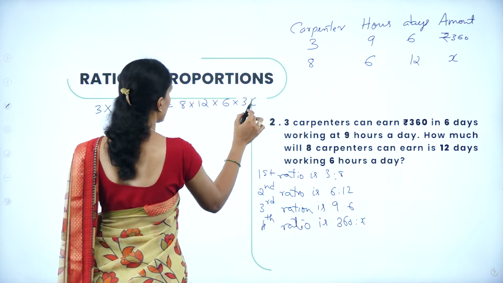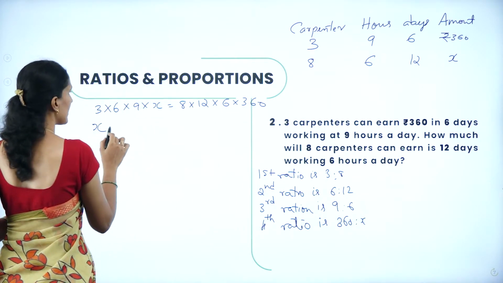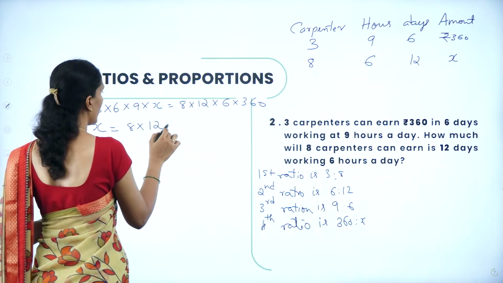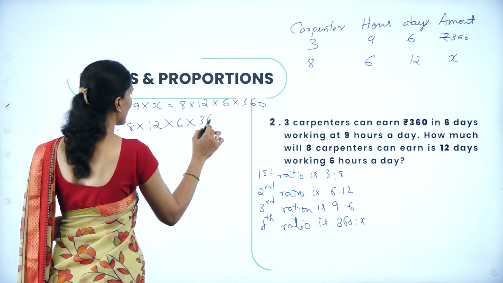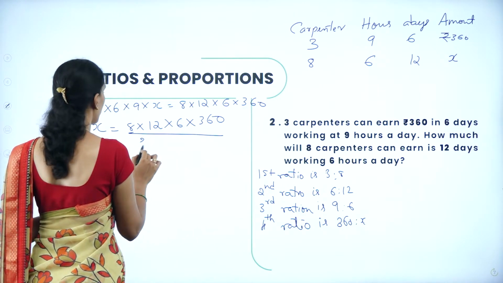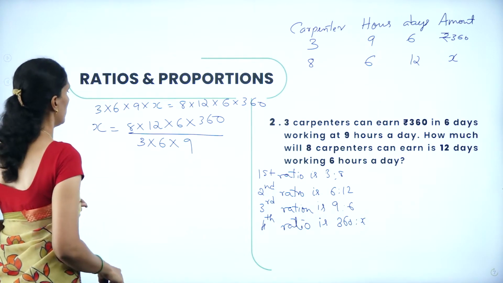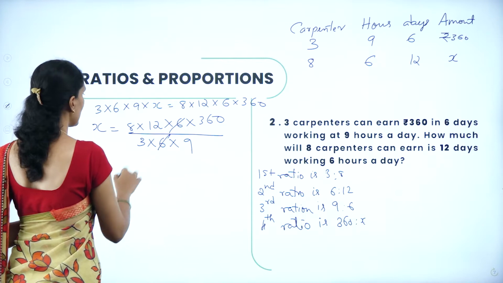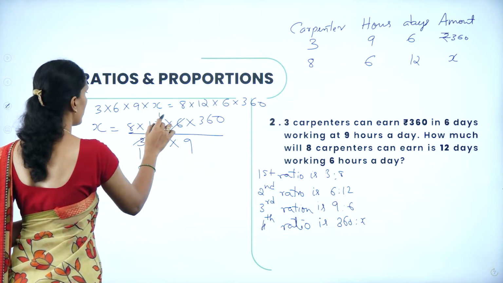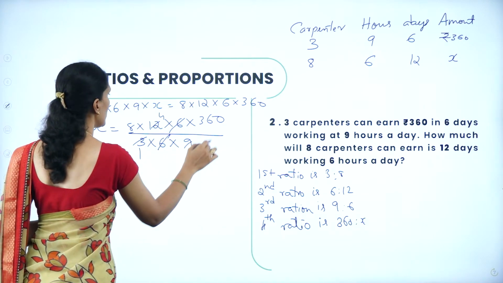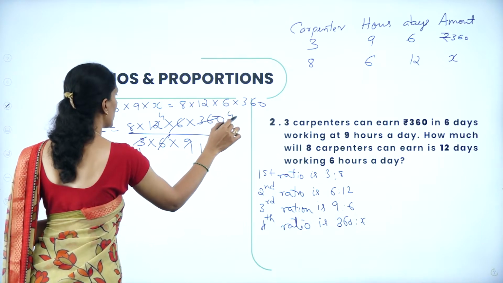into 360. On solving this, I'll get x is equal to 8 into 12 into 6 into 360 divided by 3 into 6 into 9. So 6 gets cancelled, 3 1s are 3, 3 4s are 12, next 9 1s are 9, 9 4s are 36, 9 0s are 0.